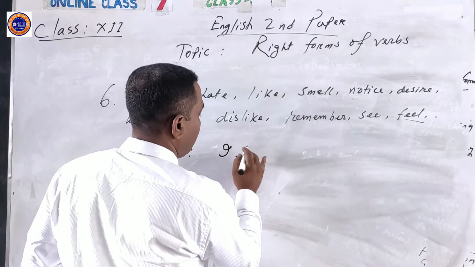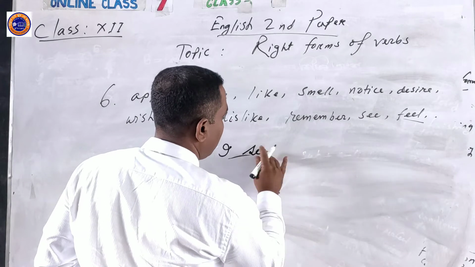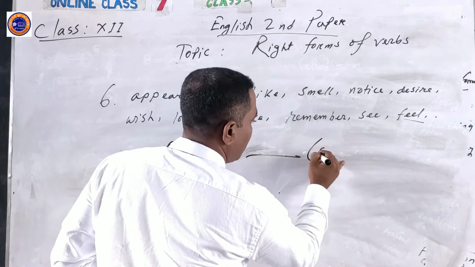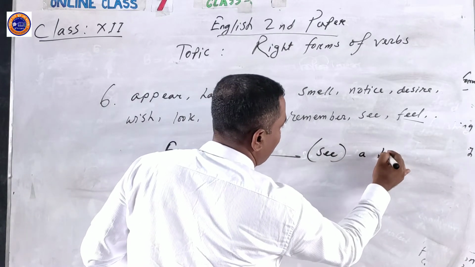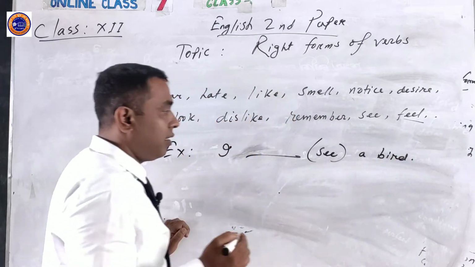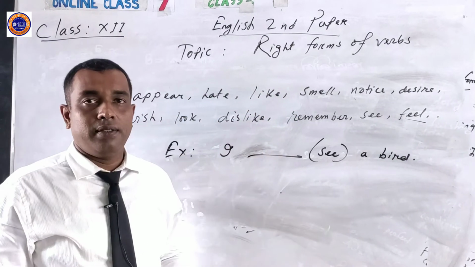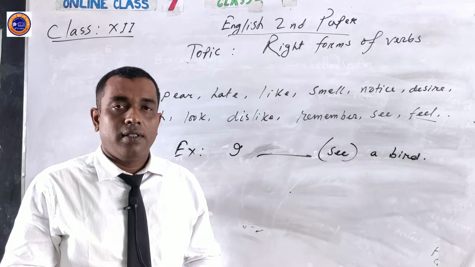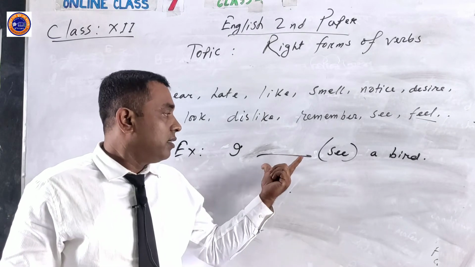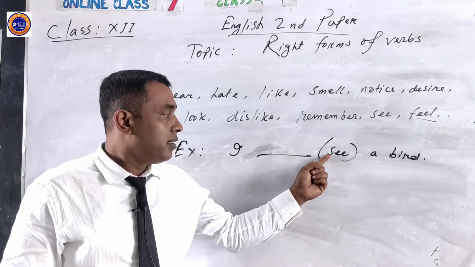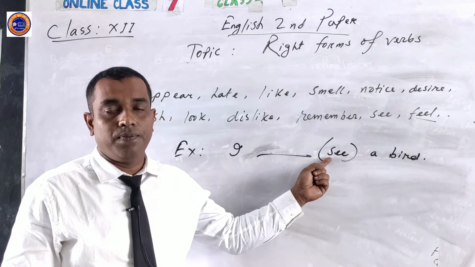I see, I dash see a bird. I see a bird. Look at this word. In the bracket, the verb is see.